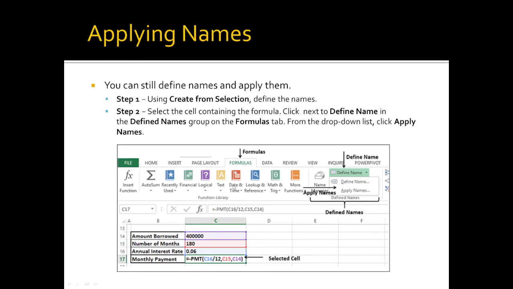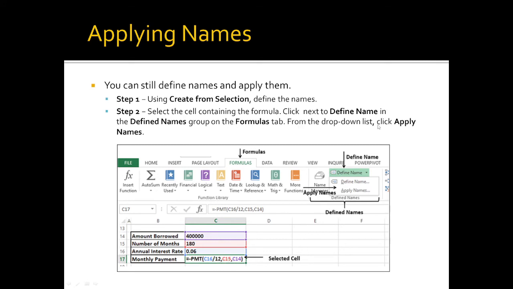The first step is using create from selection, define the names. So we go to formulas, define names, and create from selection. Step 2, select the cell containing the formula. So this is the cell. Then click on define names in the group on the formulas tab.